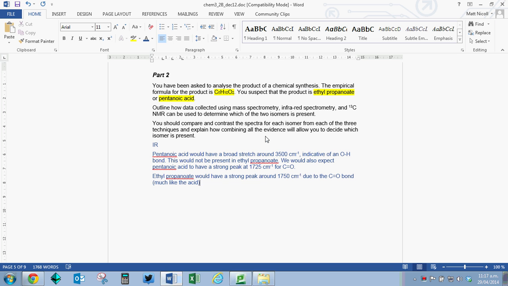So we're comparing here, they're pretty similar. But it would also have a peak around 1200 due to the CO single bond, which the acid doesn't have.